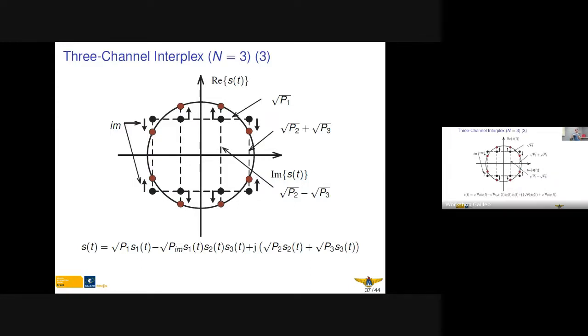This is important only before the amplifier on the satellite. The signal can then be amplified very efficiently if we have a constant envelope, because the amplifier can be operated close to saturation, and thus has the highest efficiency, and we have no spectral regrowth if the signals are exactly binary.